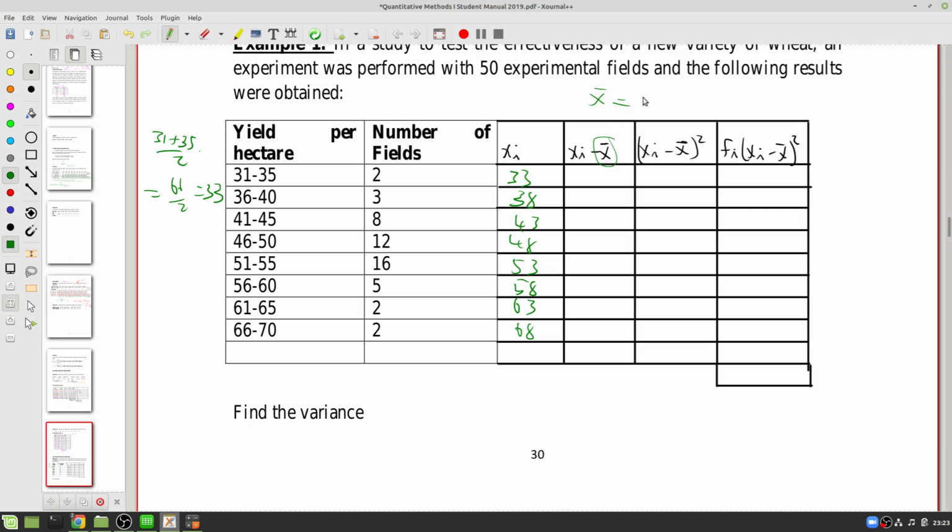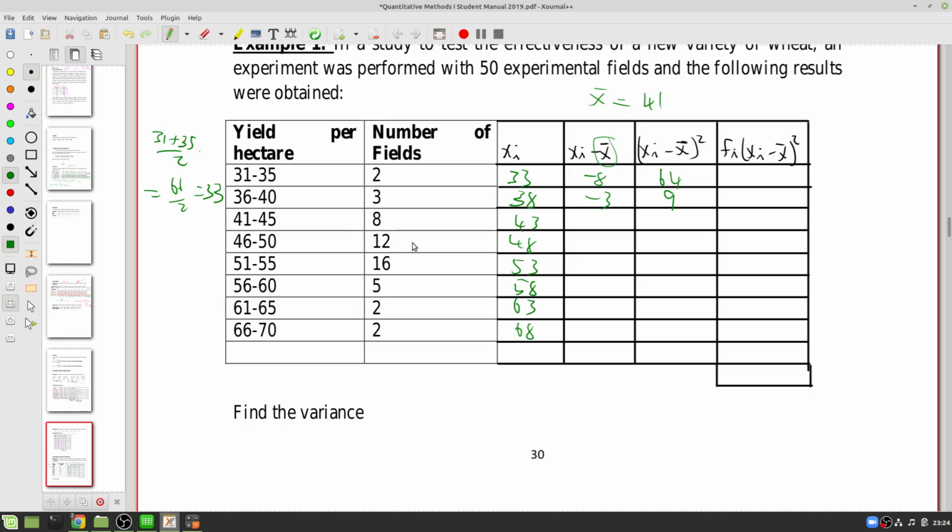You write that answer. If x bar, let's say this was something like 41, then you say 33 minus 41 and write that answer in, which will be negative 8. 38 minus 41, negative 3, etc. You write this in. You square each of these answers, so negative 8 squared would be 64, negative 3 squared would be 9. Then you multiply this answer by the frequency.